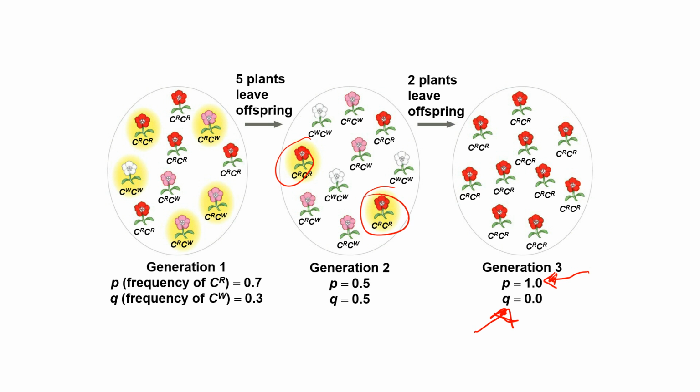You have lost the white allele. It's been removed from the population. The red allele is fixed. So this population of flowers has evolved. It has changed over time.